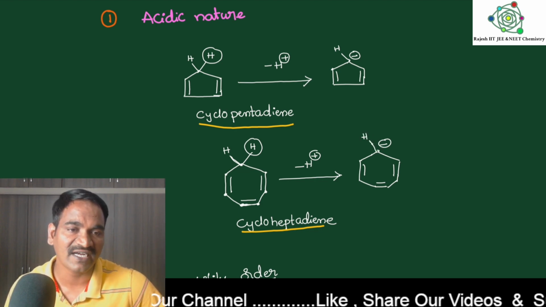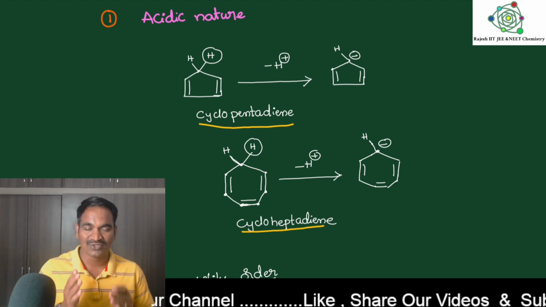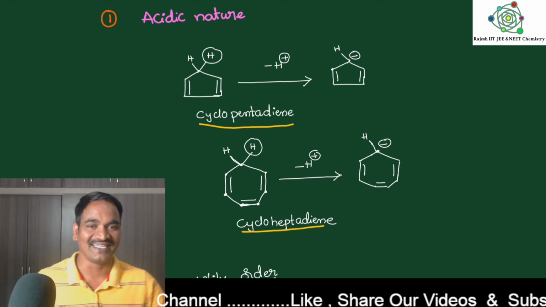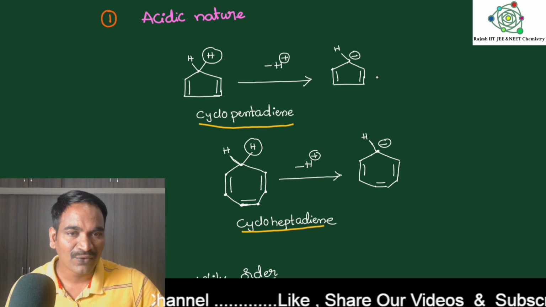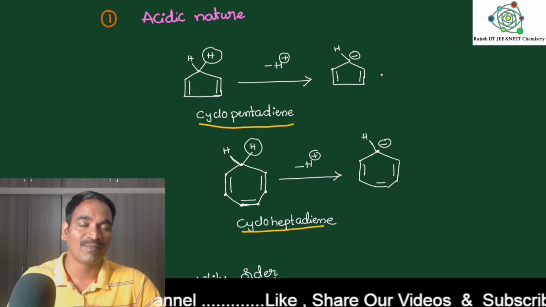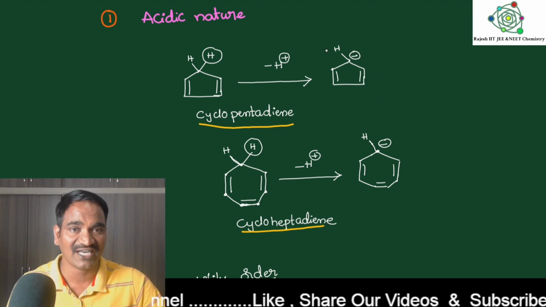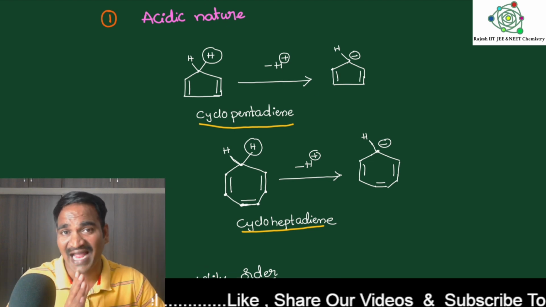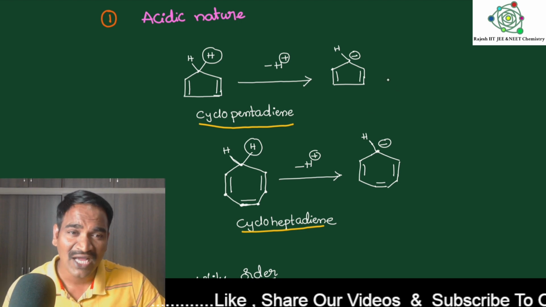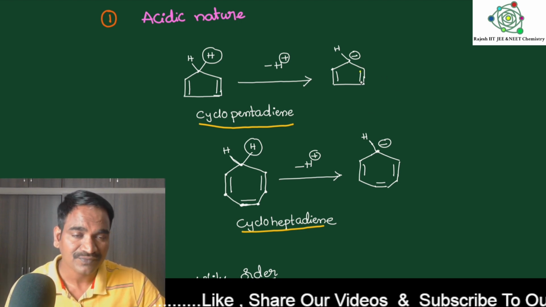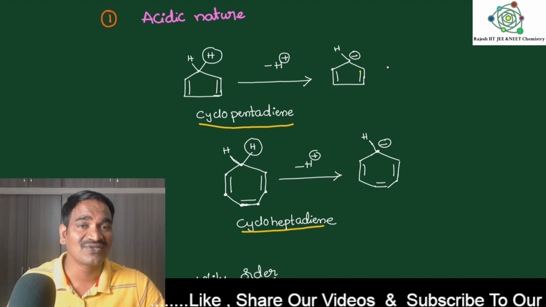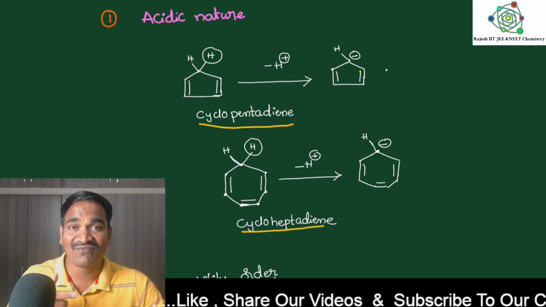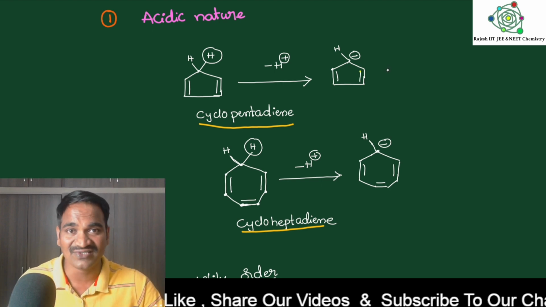And who will decide that acidic nature? The major point is, you see, the cyclopentadiene, by loss of one H plus, is converting like this. Now you check whether it is aromatic or anti-aromatic, right? Now I am checking how many electrons are involved in the delocalization in the conjugated system.